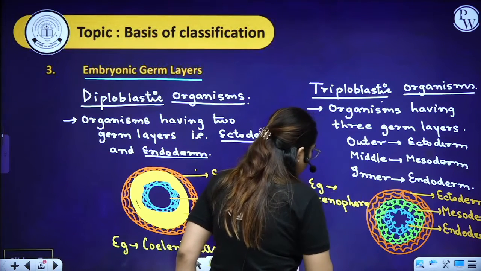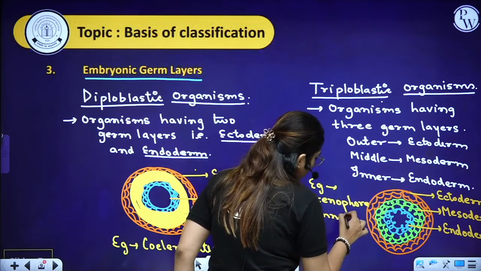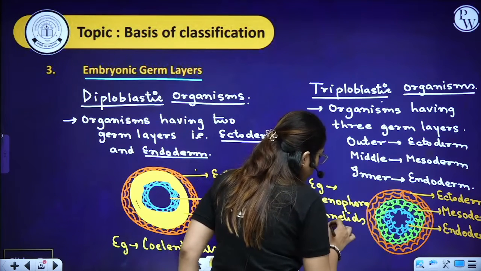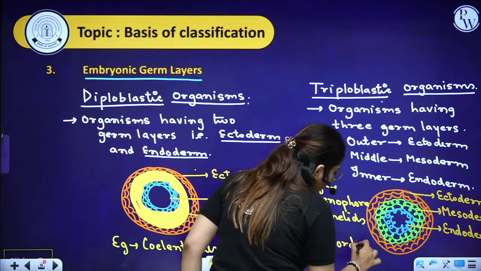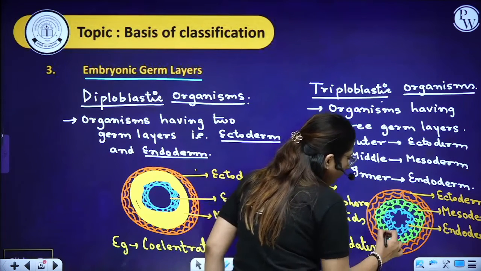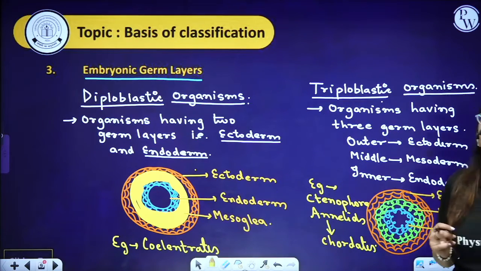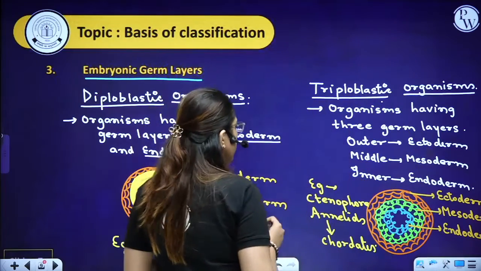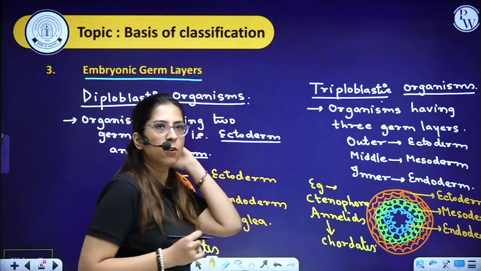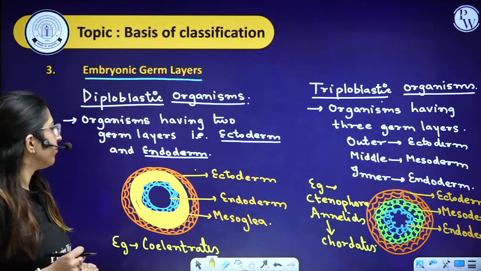Further we will be having annelids, arthropods, mollusks, chordates, everything will be having triploblastic arrangement. Clear? In fact, the platyhelminthes too, so everything will be having 3 different germ layers.